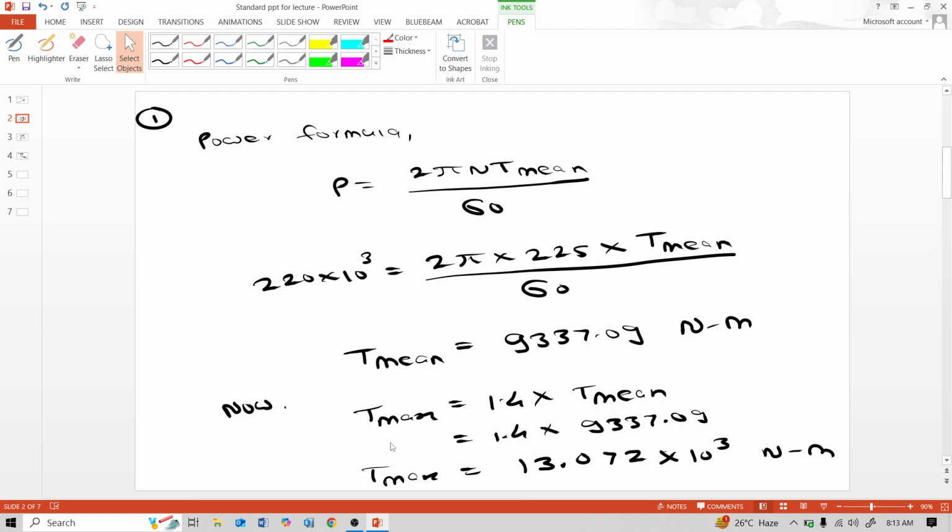When you solve for T mean using the power formula, the unit is Newton meter. In the numerical they have given us the relation between T max and T mean, so by using this relation we found T max, the maximum torque.